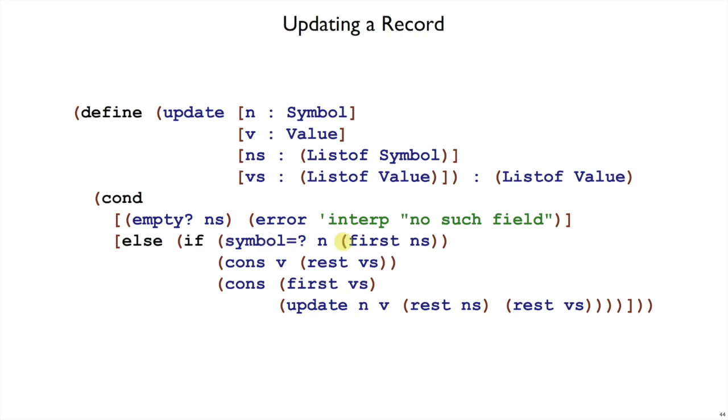Otherwise, we check whether the first field name matches. If it does, then the first value is the one we want to replace. So we keep the rest of them and cons on the new value. Otherwise, this is not the symbol we were looking for. We want to keep the first value and add that back on to the recursive call, where we look in the rest of the names for the name using the rest of the values, looking to replace one of them with v.